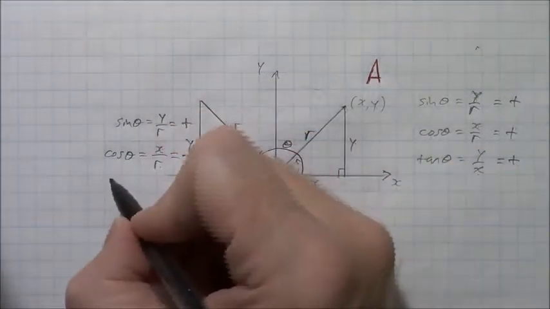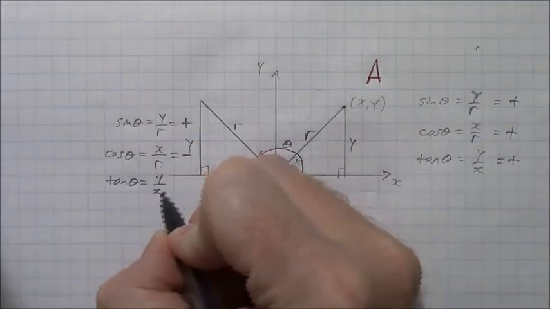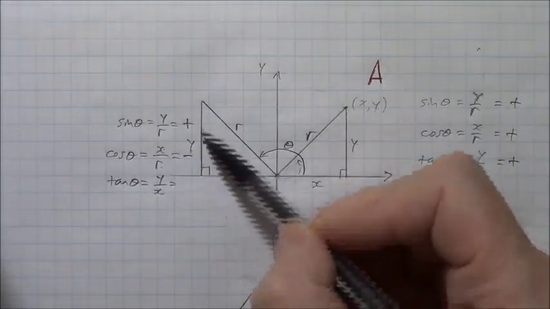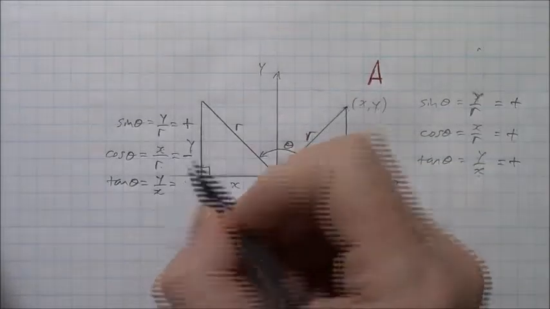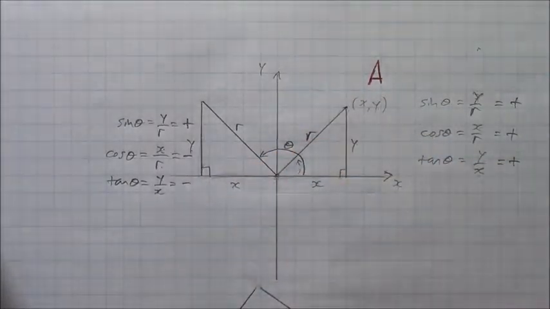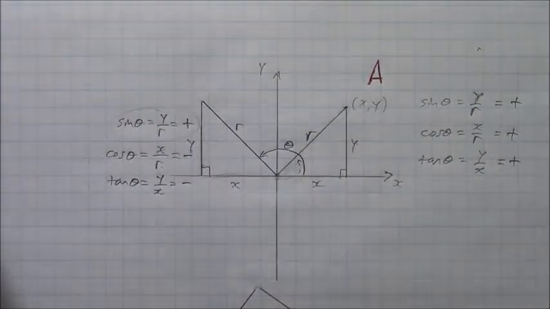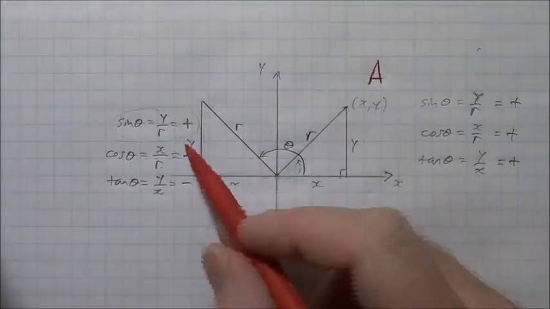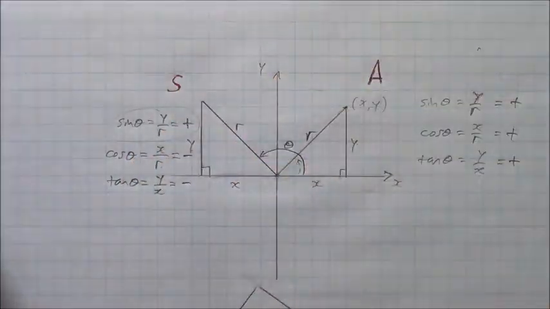And for tangent, again, it's y over x, and y is positive in this quadrant, but it's over x, which is negative, so when you divide a positive by a negative, you get a negative. So only the sine ratio is positive for angles that have rotated into the second quadrant, so this is where sine is positive.